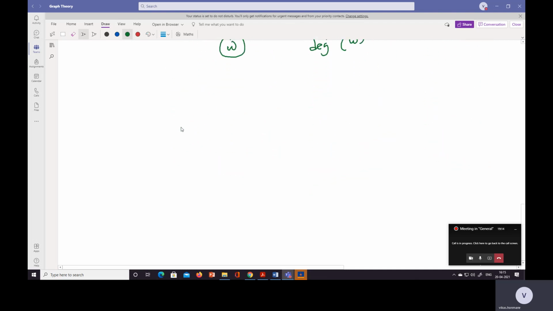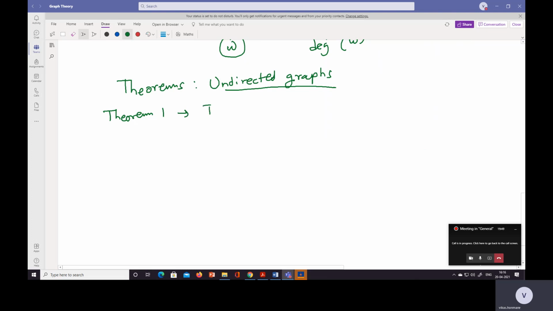Now we can see the theorems of undirected graphs. Theorem 1 is the handshaking theorem.